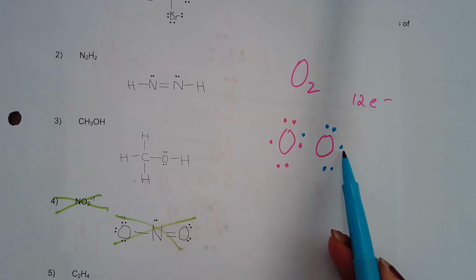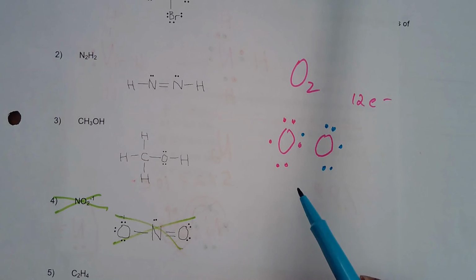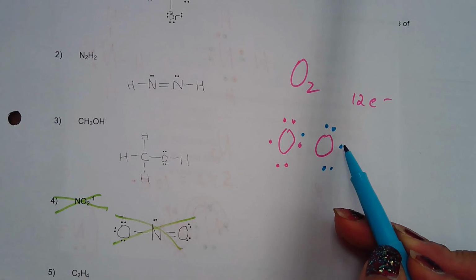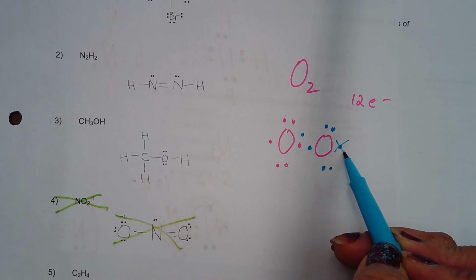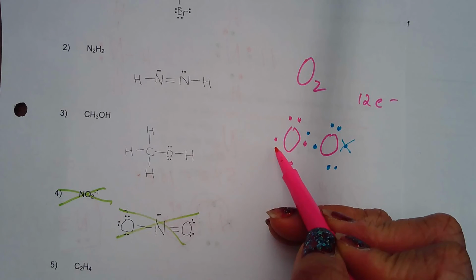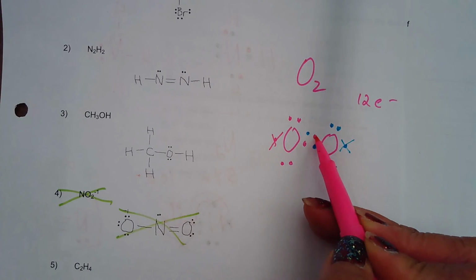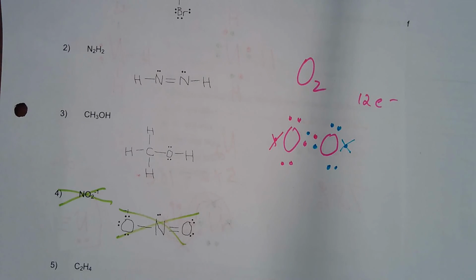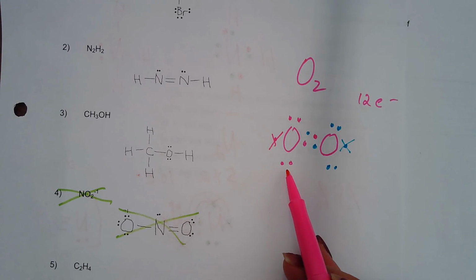So you see, those are very unstable. The single electrons, those are the first ones that will move. So this electron here, that's going to be gone. It will move here. This pink one, very unstable because it's solo. That's going to be gone. It's going to move here. Make sense? So what we have now is you have these two here, and then if I move this one over there, one has to move from the other oxygen.